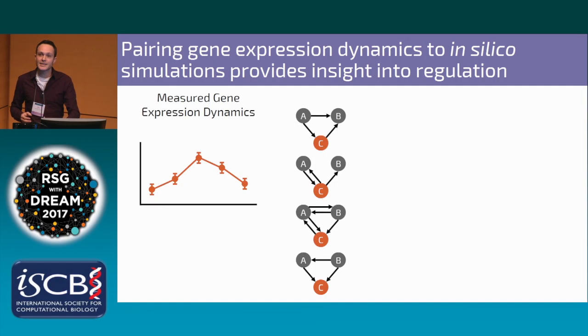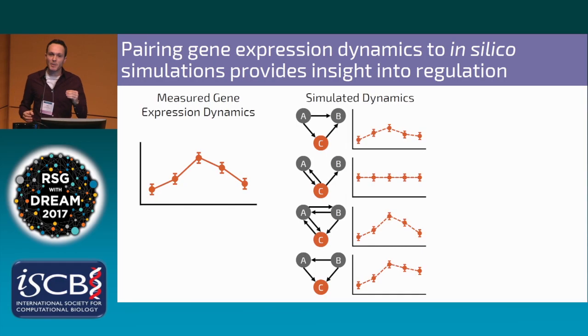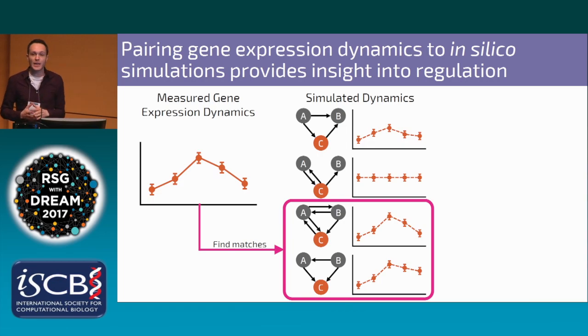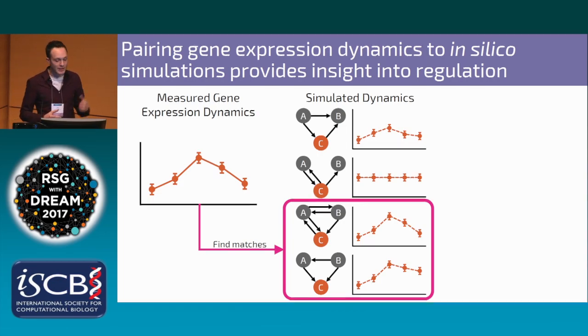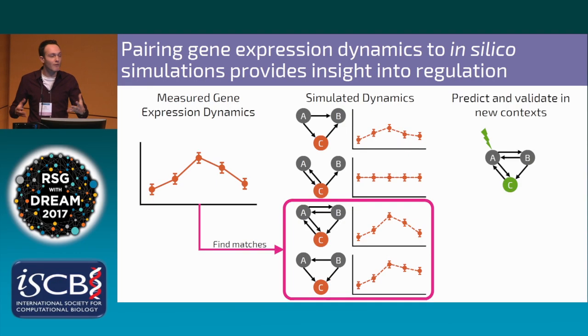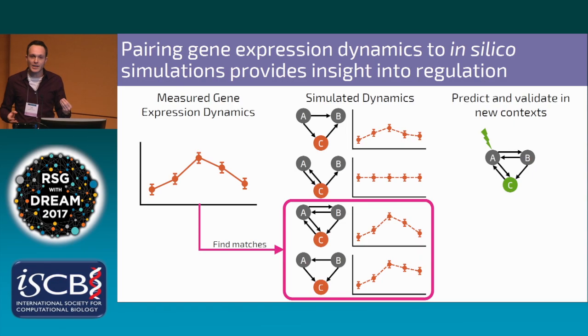And we can create simulations that match the experimental conditions we conducted. Next, we can find the subset or the family of models that match the expression dynamics that we observed in our experiments. But what's really powerful about this is we then have a set of quantitative predicted models that we can then test in other experimental contexts.